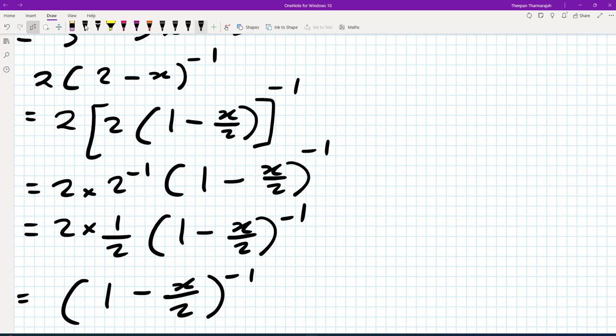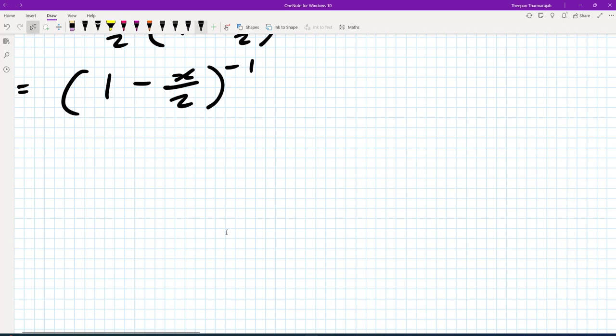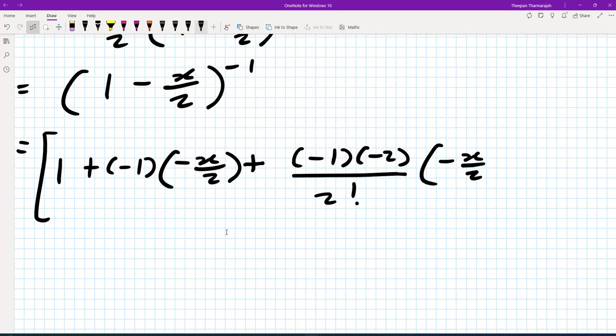So now we're going to use the binomial expansion for that. What we end up with is the following: 1 plus minus 1 times minus x over 2, we must be very careful there, plus minus 1 times minus 2 over 2 factorial times minus x over 2 all squared.